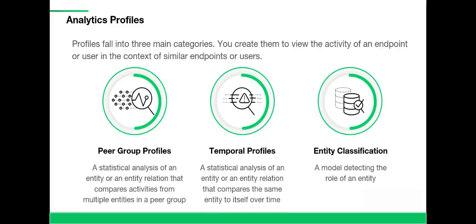So it'll be considered normal. Next one, temporal profiles. It's also a statistical analysis where analytics will compare an entity's activity with itself over time. Let's say we have some activities executed on a workstation for 1 hour.